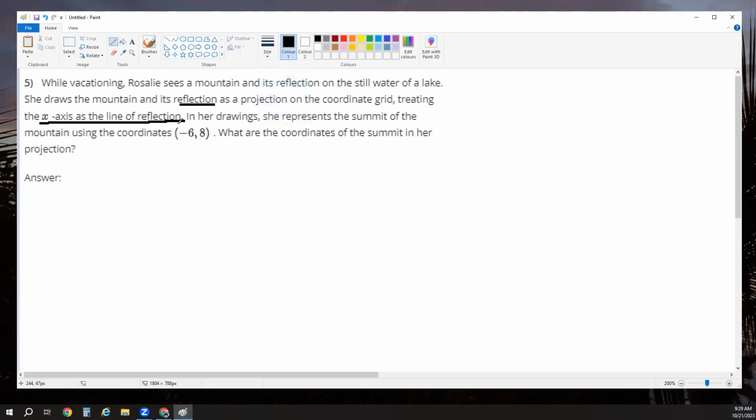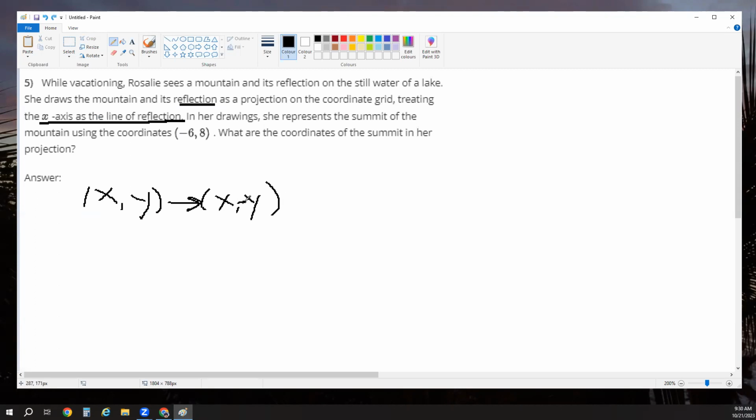So if I have the reflection x comma y, and a reflection across the x-axis, reflections keep the x the same. The x's are the ones that change, right? Wait, no, the y's are the ones that change.